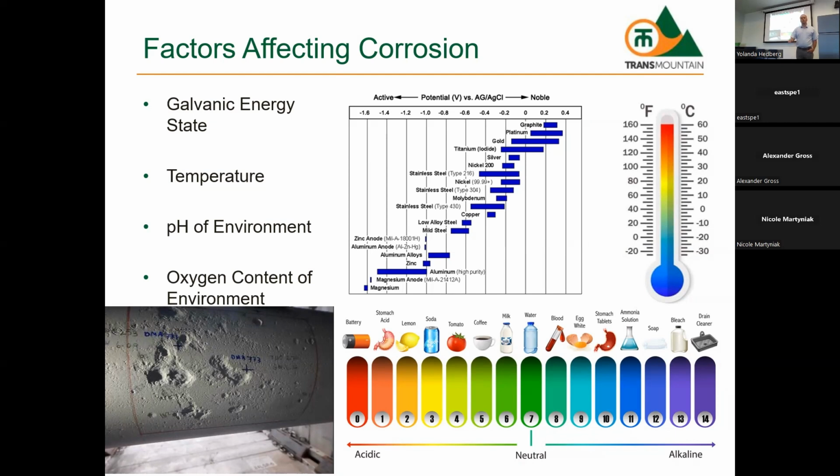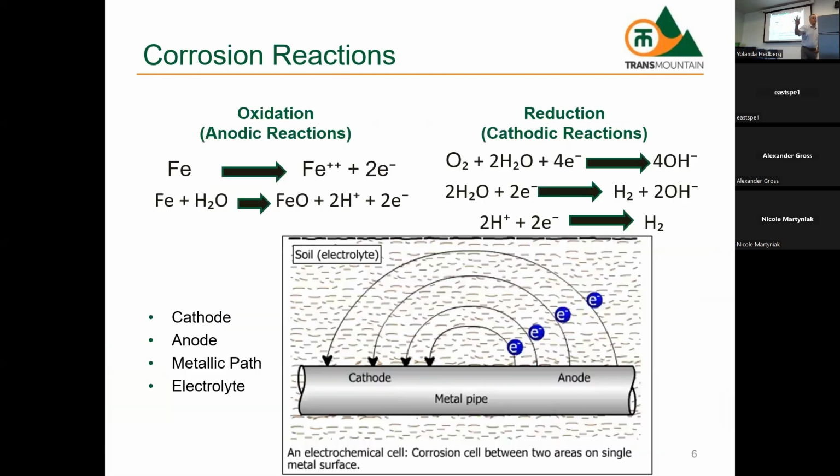So I'm just talking in a neutral environment. All right. The four elements in a corrosion cell are on the screen. We talked about anodic and cathodic sites; that's on the metal itself. The electrolyte I talk a lot about because that's really the only thing that we can alter.